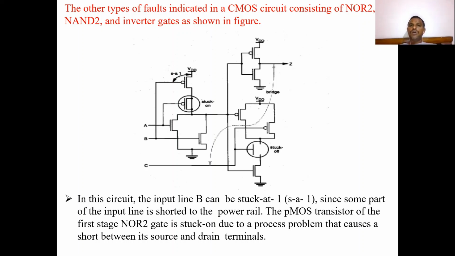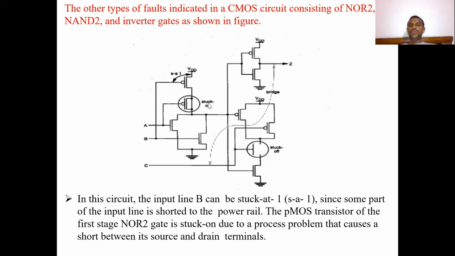Now, at the time of processing, if the channel length is very, very small, there is a possibility of overlapping, or connecting, of the source and drain. Due to that, the fault that will be obtained is stuck on.